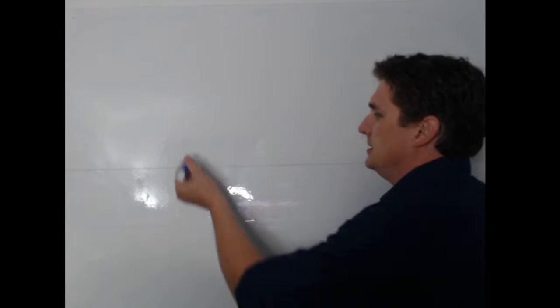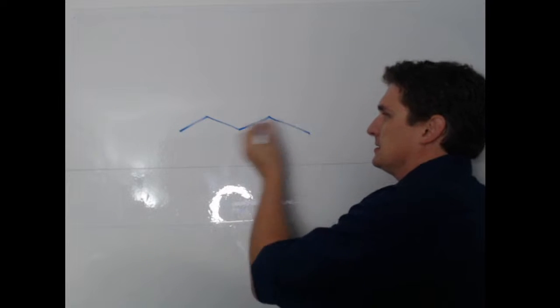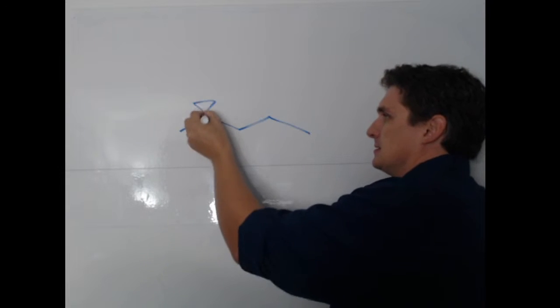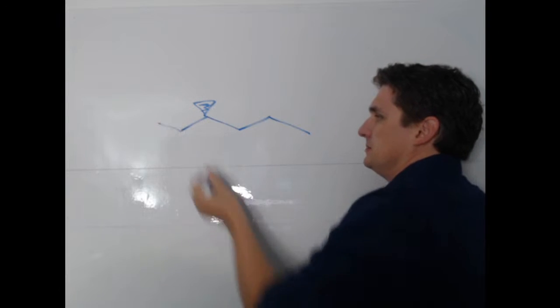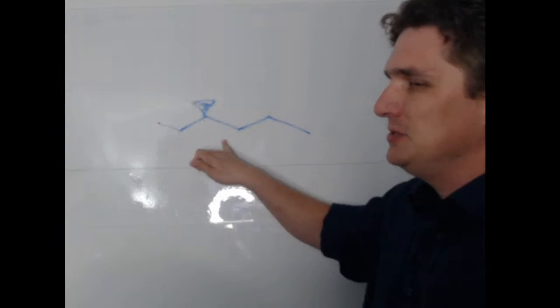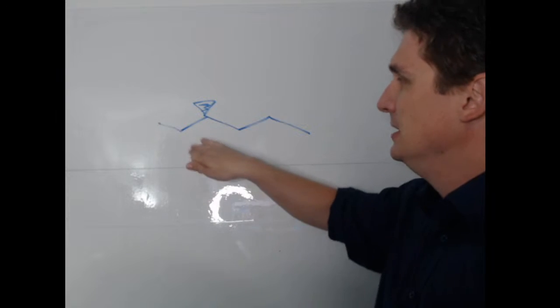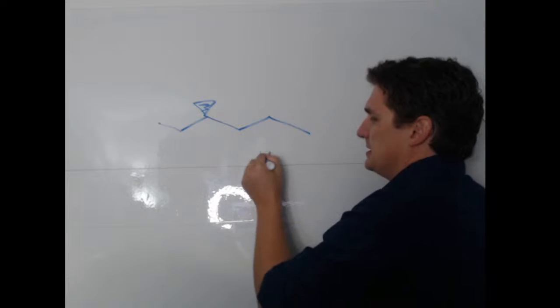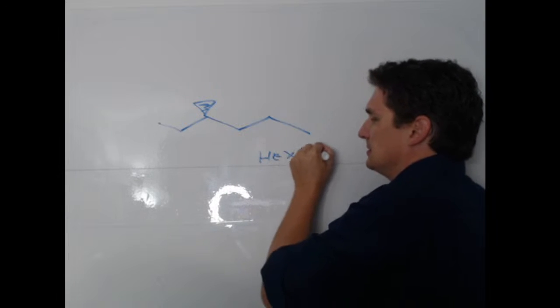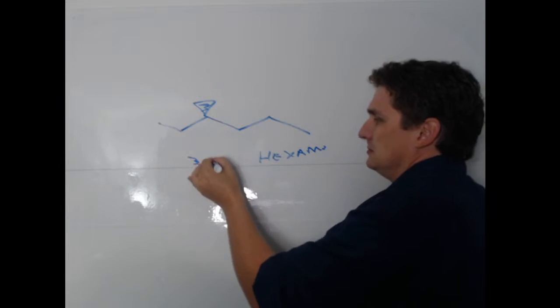But yeah, the RS we're trying to get out because as you'll see in the test tube packets, you get questions like this. And you're asked to name this, and you need to know the RS configuration. So the naming isn't hard. 1, 2, 3, 4, 5, 6. This is a hexane, and it's a 3-methyl.